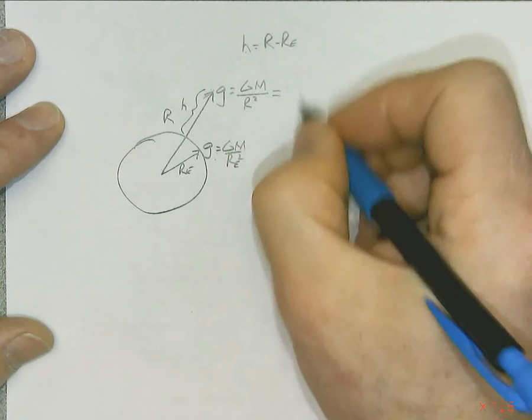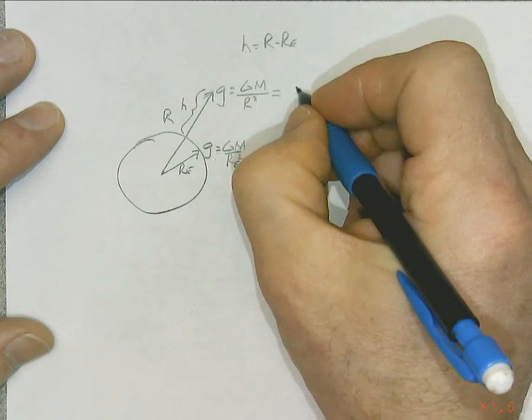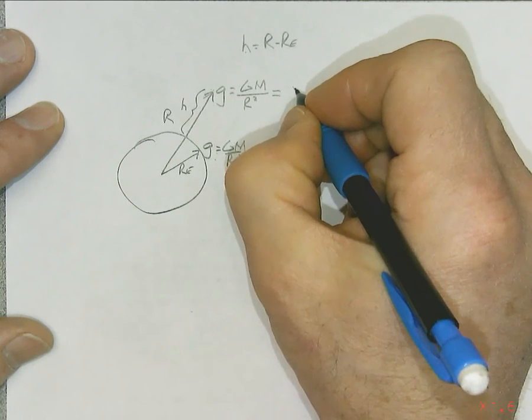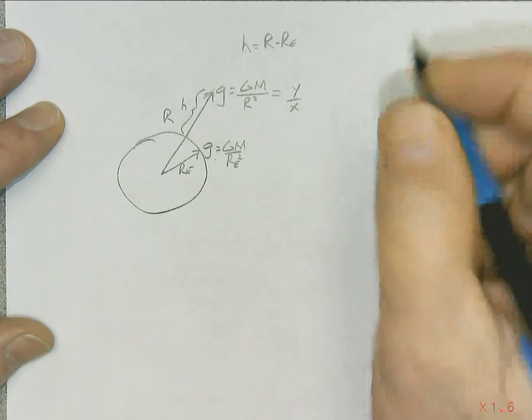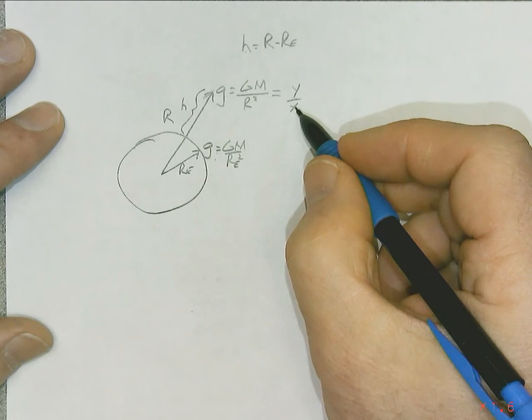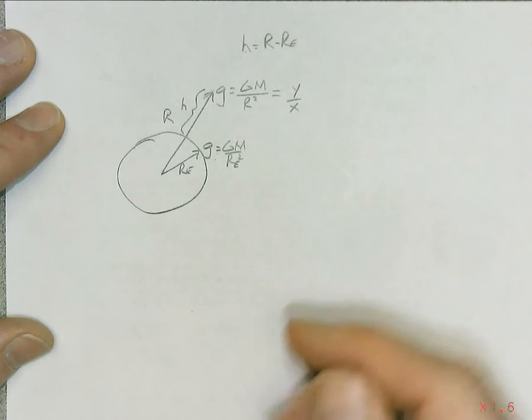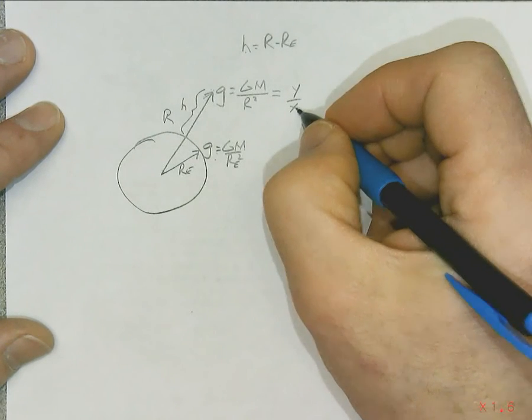So that's just simply equal to, we can factor out RE, RE times the square root of x over y minus 1, and that will be the answer to the question for your particular fraction y over x.